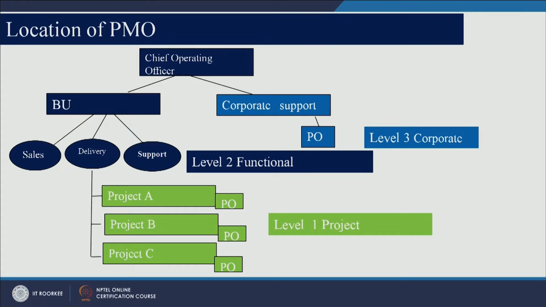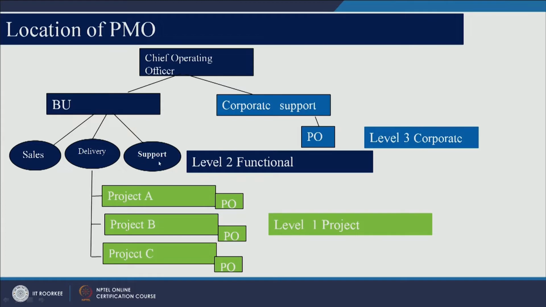You can also have a project management office at level 2, which is at functional level. So this is your business unit. You can have sales, delivery, support, after sales service, technical support and so on. You can have a customer complaint handling business unit and so on, right.